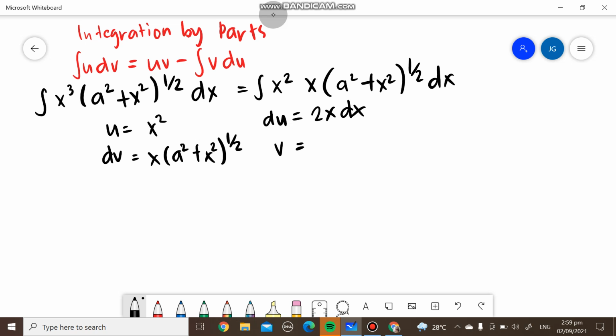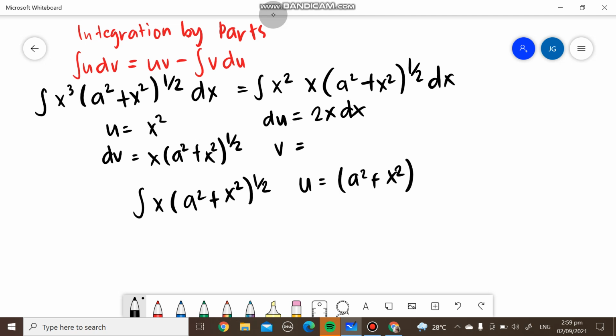So, let's do it. We have the integral of x times (a squared plus x squared) raised to 1/2. We set the u, which is a squared plus x squared, and our du, the derivative of that. Since a is a constant, we only deal with x. So we will have 2x dx.